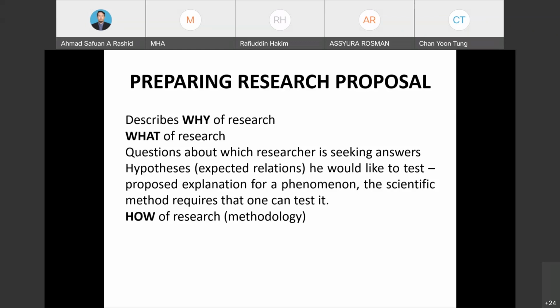So it means that, to be on the safe side, he knows I will guide him based on my proposal. So at the early stage, in the first semester of his study, he or she already knows what project he will carry out for his study.